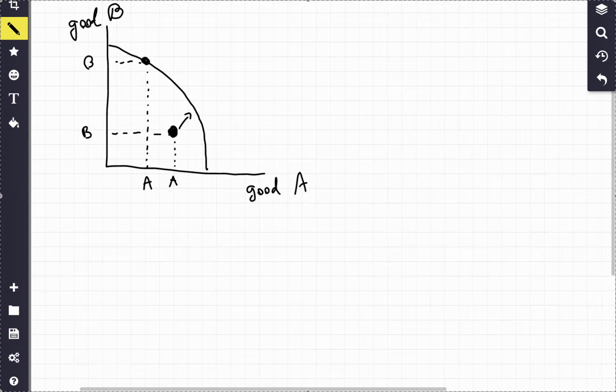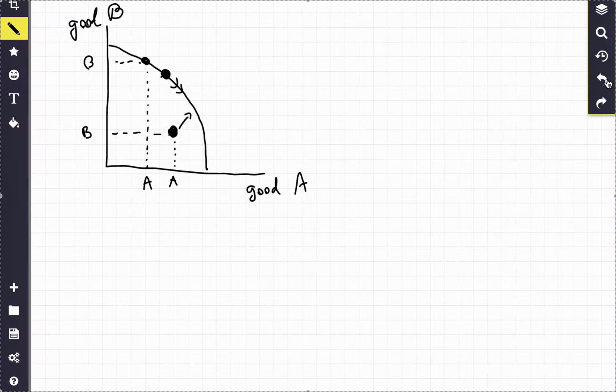If economy is fully utilizing all the resources, there are no resources left in the economy. In this situation, they can only increase the production of one of their goods by sacrificing the other. So if they shift this way, they've increased good A, but they have decreased production of good B, right?